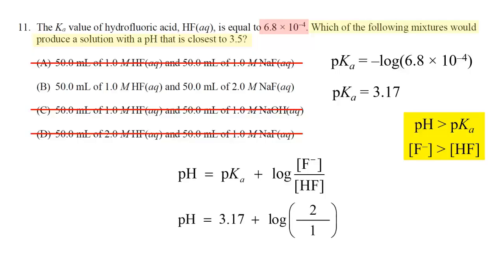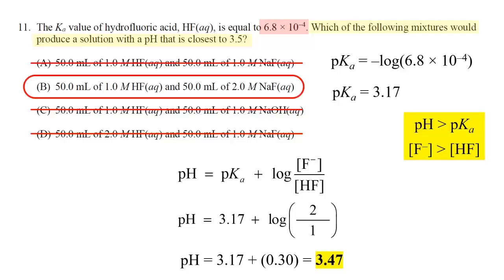That means that ratio would be 2/1, and the log of 2 is equal to 0.30. So 3.17, the pKa, plus the log of 2, 0.30, gives me a pH of 3.47, and that is pretty close to 3.5, which is why choice B is the correct answer to question 11.